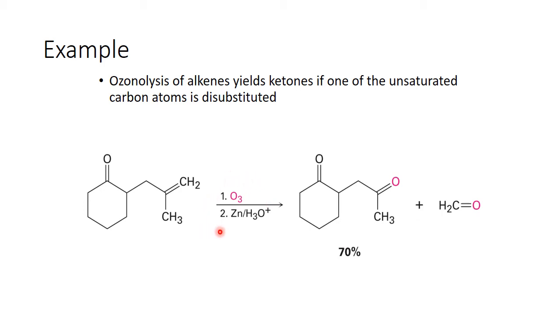For instance, if I use potassium permanganate, it would have taken that down to a ketone. The only problem is, most likely, it would also start to oxidize the ketone over here. Potassium permanganate is pretty harsh. The other possibility here is to use osmium oxide followed by periodic acid, which will give you identical results.